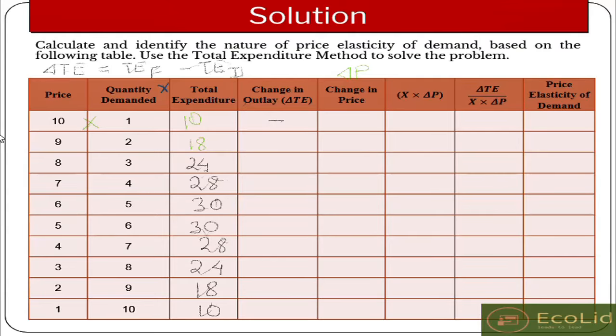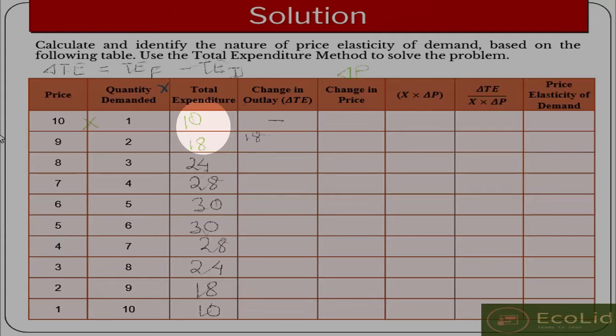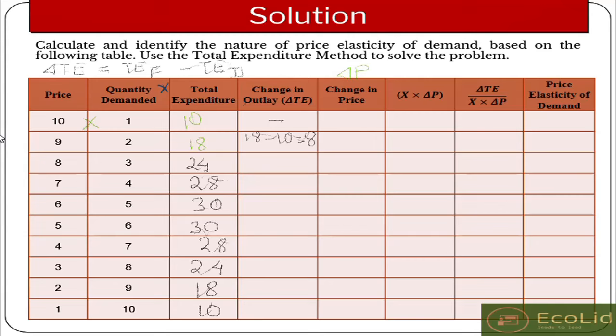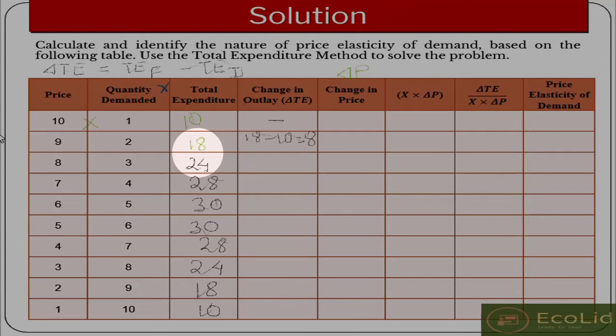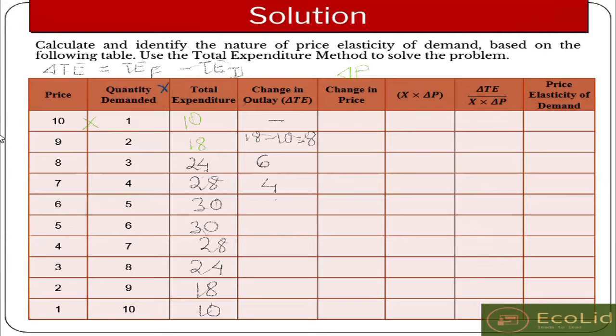Now from the second row onward we will calculate. So here it is 18 minus 10. So we will have the value 8. Likewise 24 minus 18, so the value will be 6. 28 minus 24, value is 4. So like that we will calculate the del TE, or the change in the total expenditure.